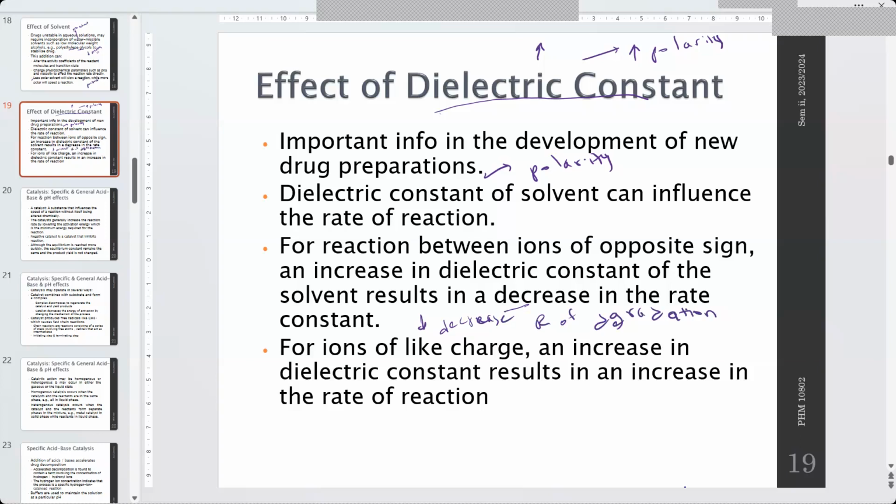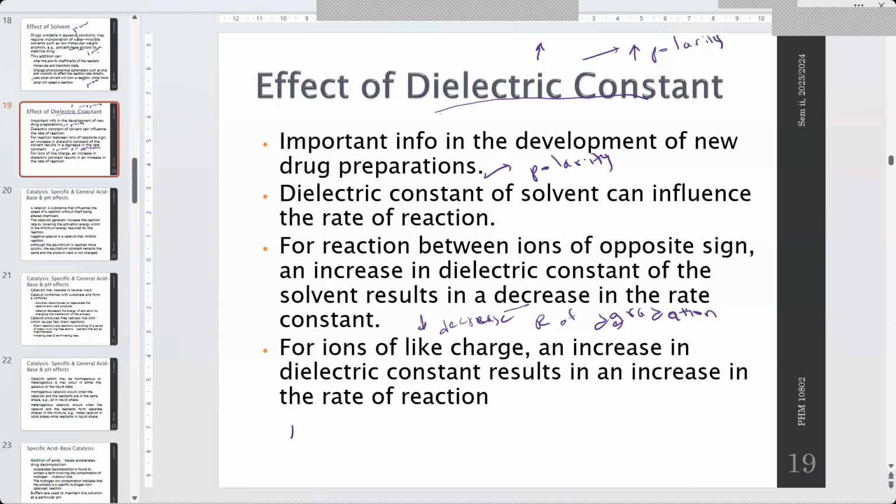Okay, and if the reaction that will cause decomposition of the drug is between ions of like charge, then when you increase the dielectric constant, when you increase the polarity, you will increase the rate of reaction.